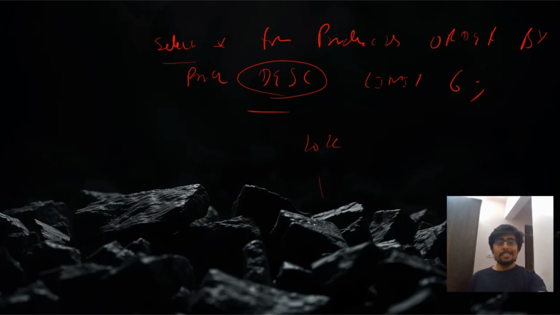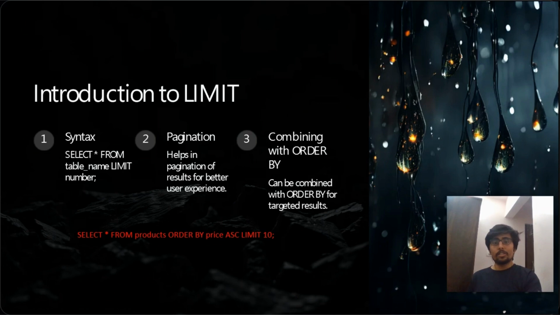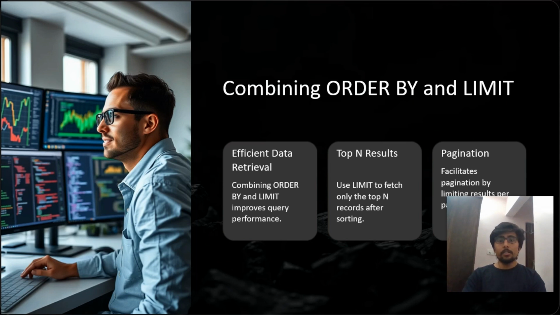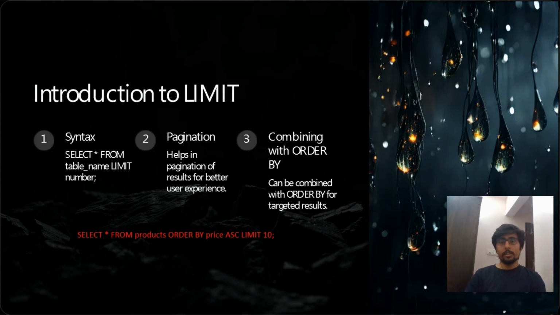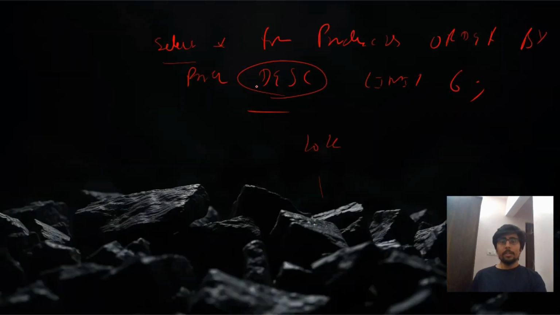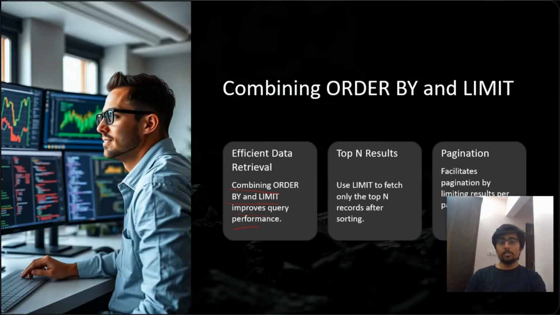And now let's go to the other section, which is combining both. I think we are done with limit. Combining order by and limit: we can combine order by and limit to improve query performance. We have already combined order by and limit here, but we are just trying to cover it as fast as possible.